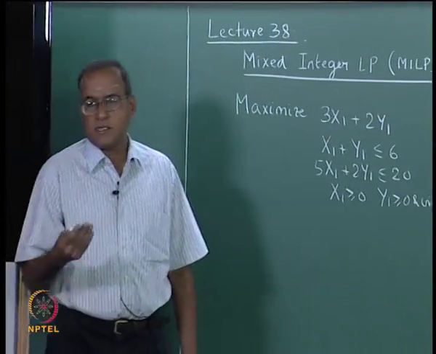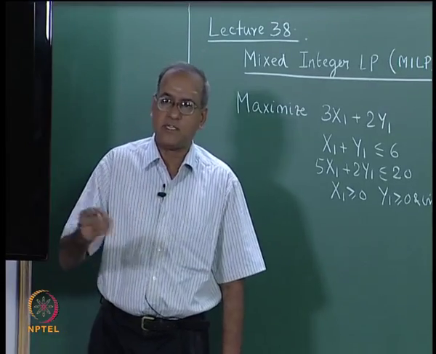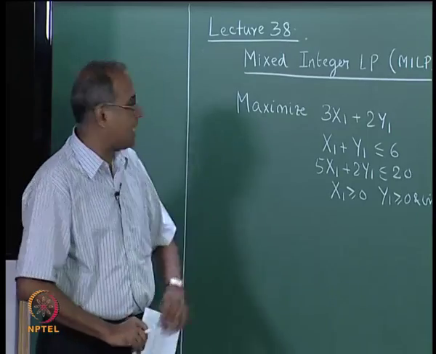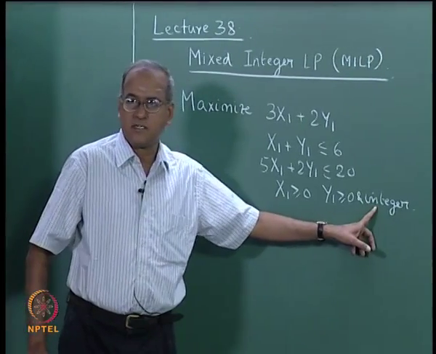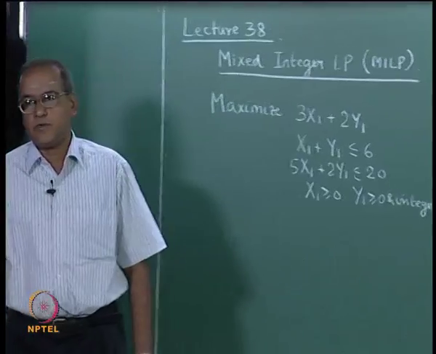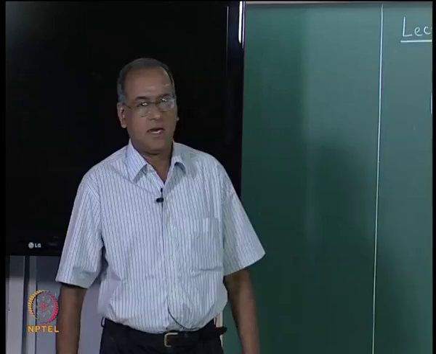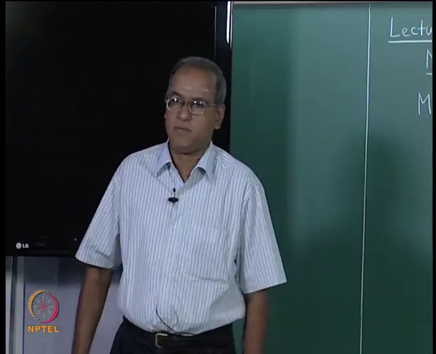As is customary with branch and bound for all integer programming, we first solve the LP by relaxing the integer restriction on the y variable. So, we treat y also as greater than or equal to 0 to begin with and solve a linear programming problem.